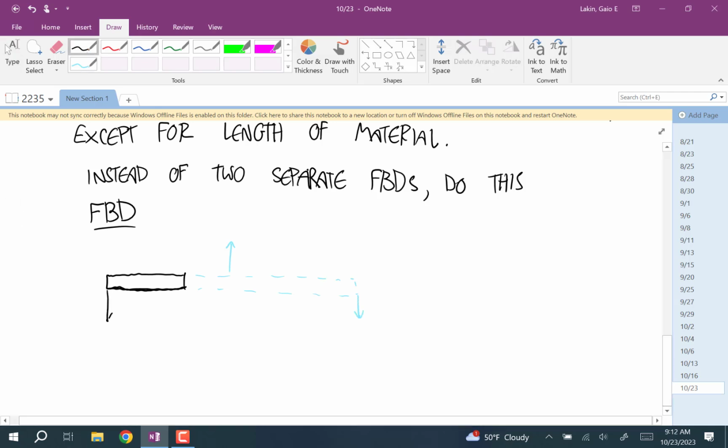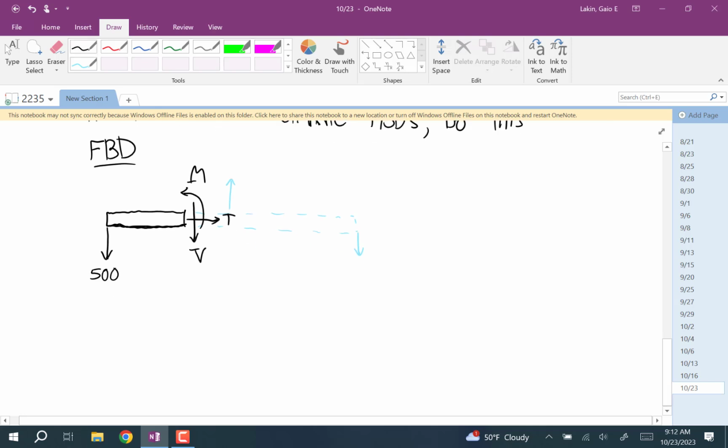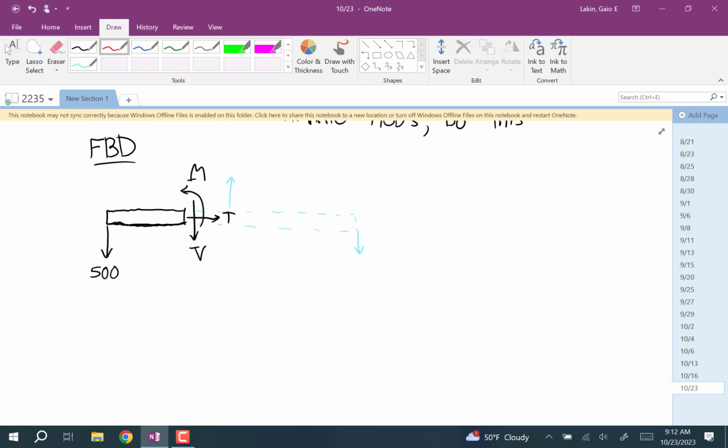We have the 500 down, T, V, and M. And what's the length of that? Because this is supposed to represent two different lengths, and really anything in between, we'll just call this X. We'll just say that this distance is X.